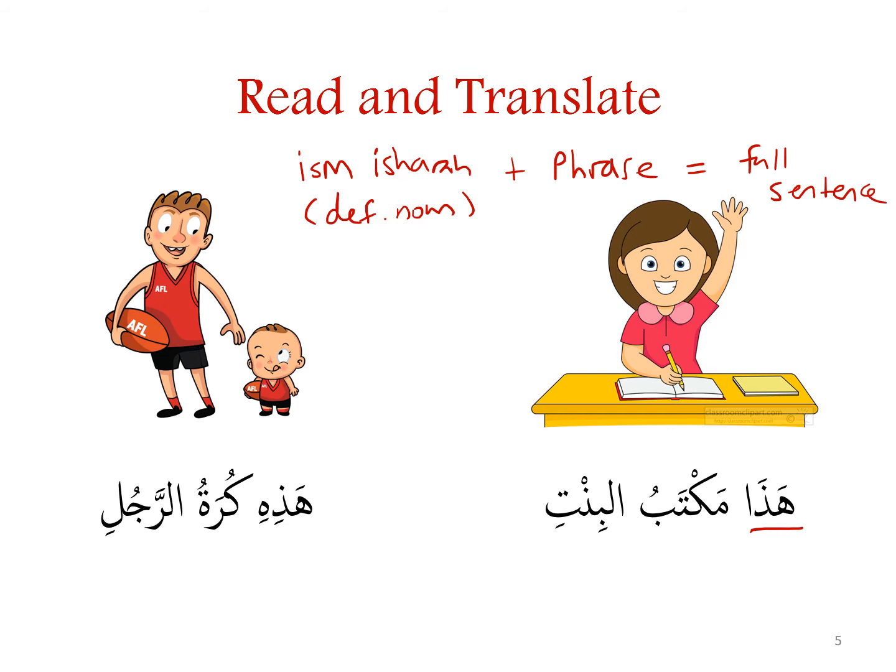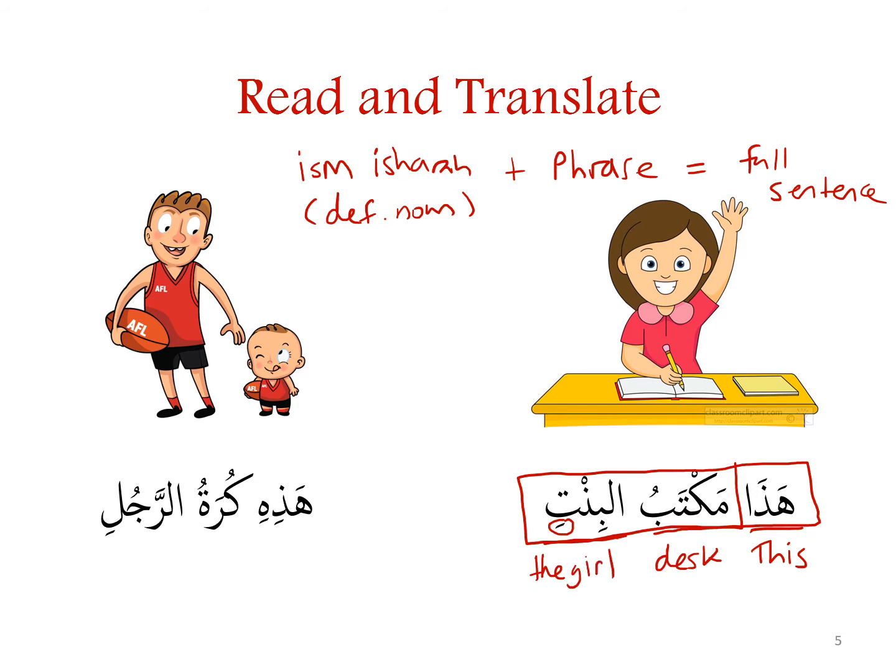So here we have هذا, the ism ishara, followed by an idhafa phrase, which you recognize because we saw the first word, a mudaf, a word without an alif lam and no tanween, followed by the mudaf ilayh, a word that ends in a kasra. So we should recognize that this is an idhafa phrase, something of something. So here هذا means this, maktabu means desk, and al-binti means the girl. So this would mean this is, and the is falls in between here, the desk of the girl.